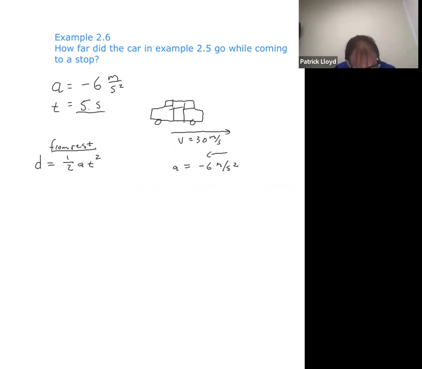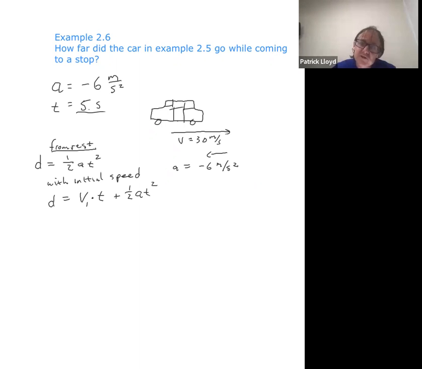But if you have an initial velocity, so if you're not at rest, then there's an extra term, which is the distance that you travel due to that initial velocity, which is that velocity times the time elapsed. And then you just add that to the second term, 1/2 at squared.